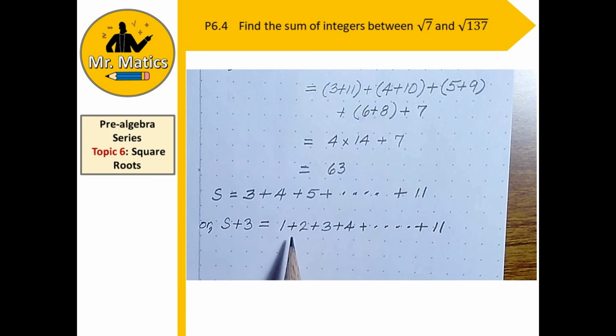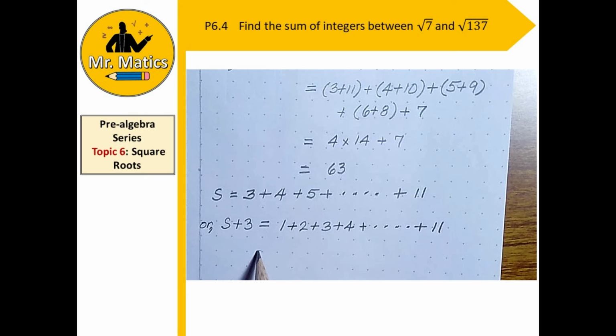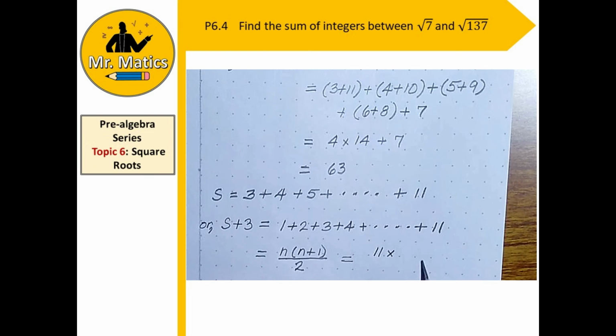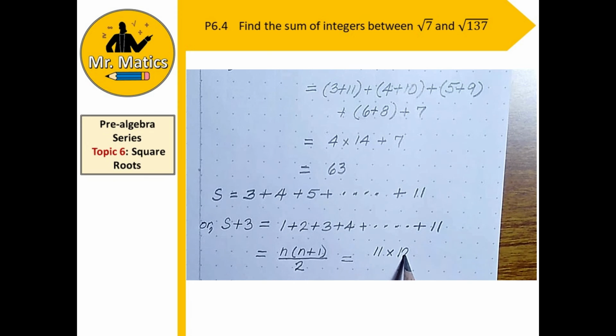And the sum of numbers from 1 up to n is represented as n times n plus 1 divided by 2. So that will give us 11 times 11 plus 1, which is 12, divided by 2.